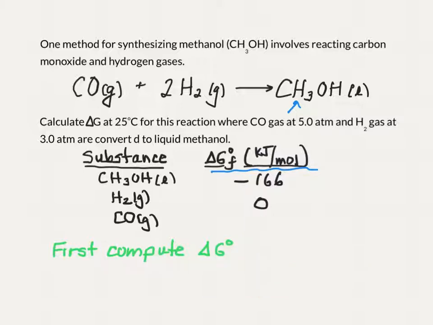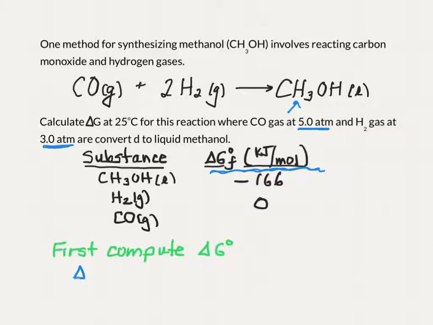Let's try an example. For instance, we're going to synthesize methanol from CO and H2. The CO is going to be at 5 atmospheres. The H2 is going to be at 3 atmospheres. And I've given you some delta G's of formation. So first, let's find delta G0. Remember, that's equal to the delta G's of formation of the products minus the reactants.